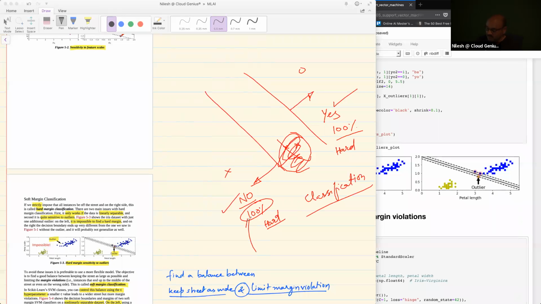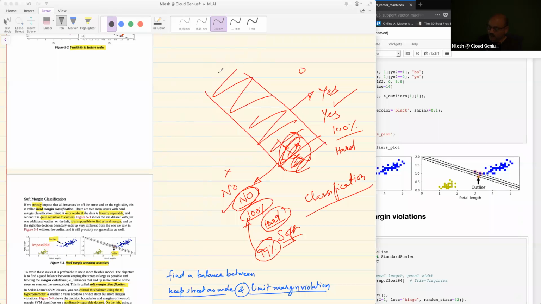Is it almost 99% no, or 1% maybe yes? That is a soft classification. When we boil down to probability of this being a no or a yes, then we are talking about soft classification. That margin that we are looking at, this path, is not a rigid boundary. It is a soft boundary now.